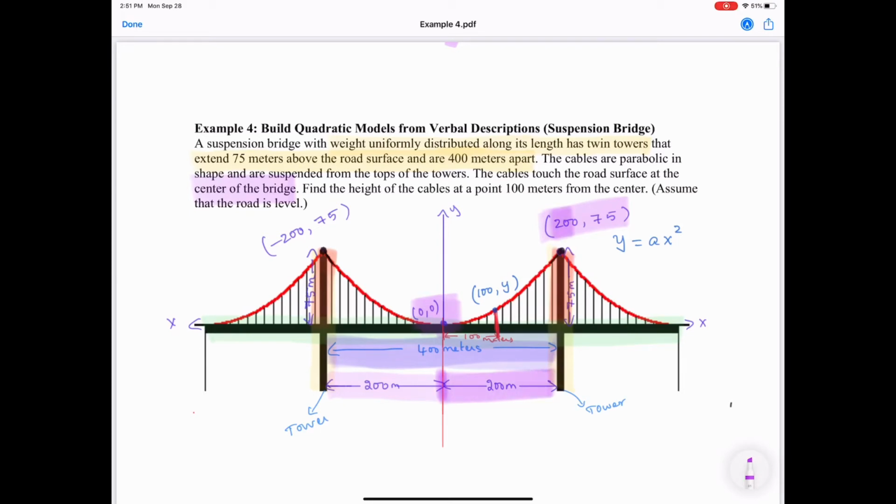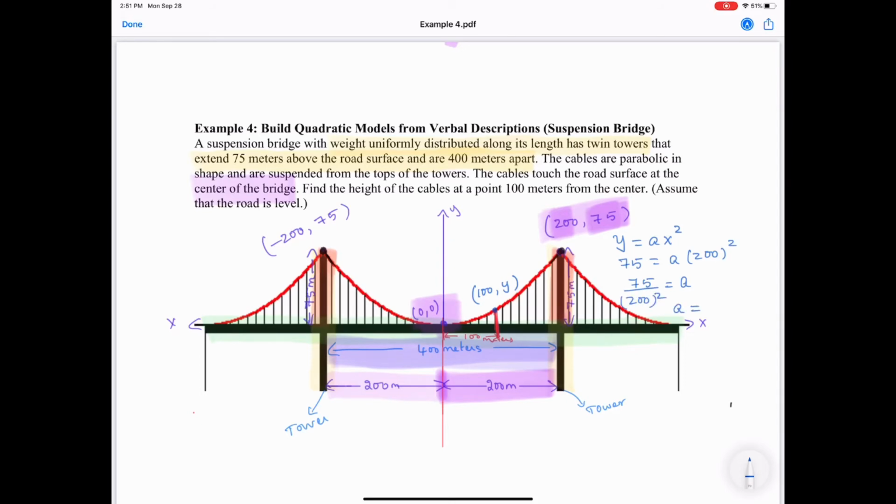And I know the y value is 75 because it is given that the top of the tower is 75 meters above the road surface. So I'm going to plug in 75 and find what the a value is. So a would be 75 over 200 squared.